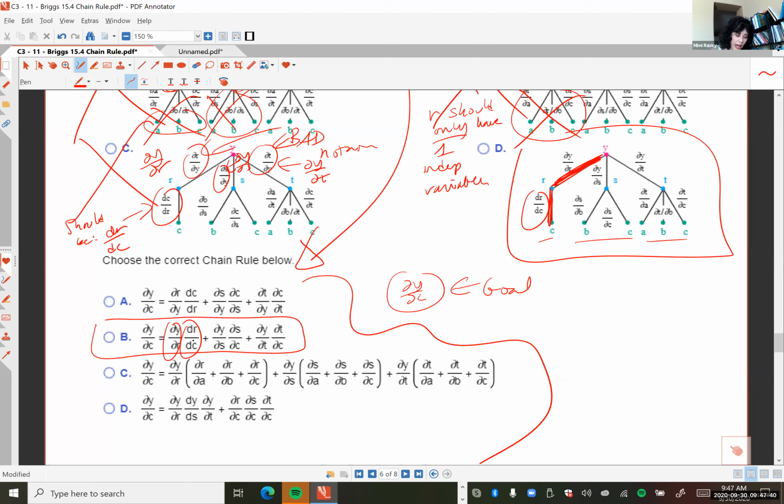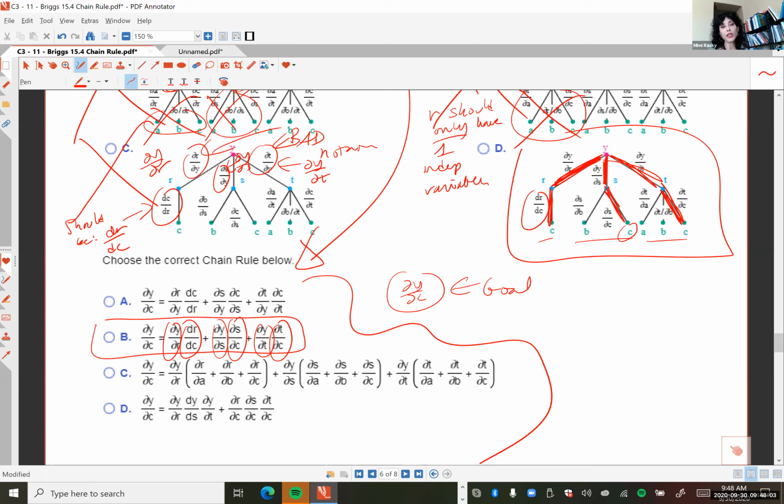Boom. Plus, then you go down another branch, dy ds, multiplied by ds dc. Aha. You always try to get to the c's. And then finally, your last branch, dy dt, times dt dc. And taking you down your tree branches there gets you to the correct formula.